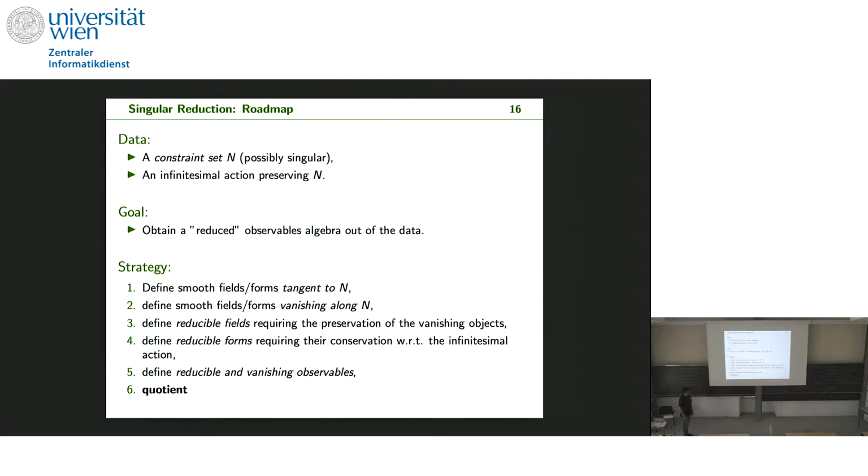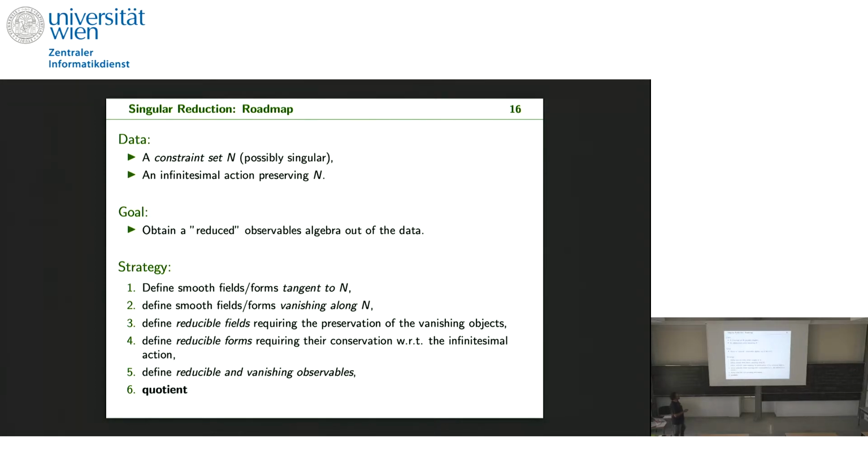The strategy is the following. The first step is to try to understand what it means to be tangent to a closed subset. When N is a submanifold it is clear, but when N is general, for instance when N has a singularity or is something like a cross in R2, how can you define what is smooth? It's possible to give an algebraic-based definition of this.